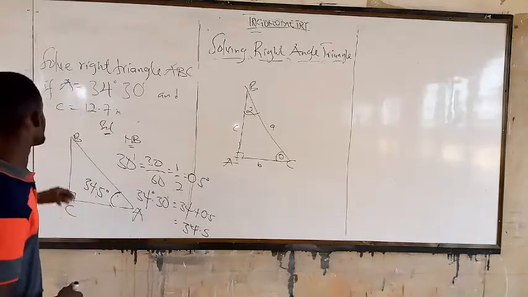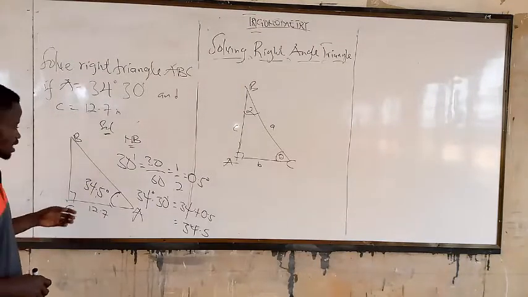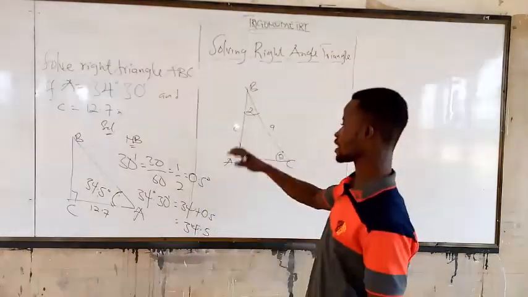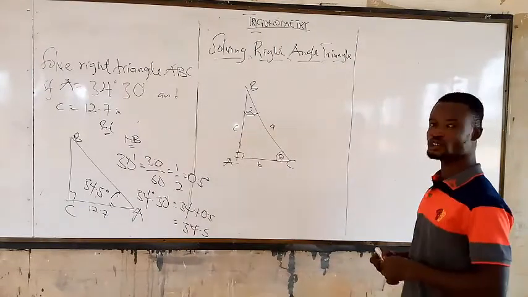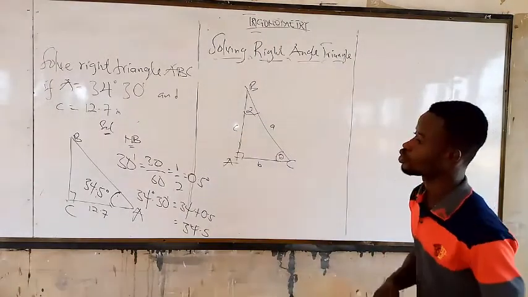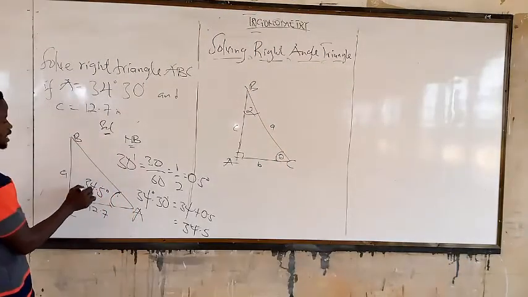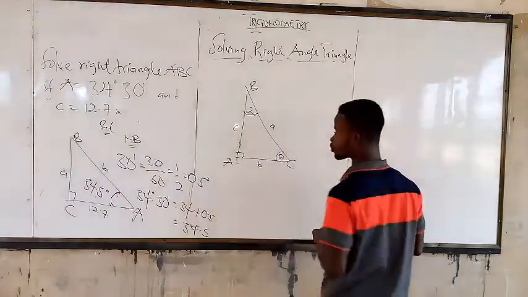So we have the side C to be 12.7. That's all that we have, and we have to find all the sides. So how do we do that? Let's represent this side by A. Let's represent this one by B. That is what we don't know and we are finding it.